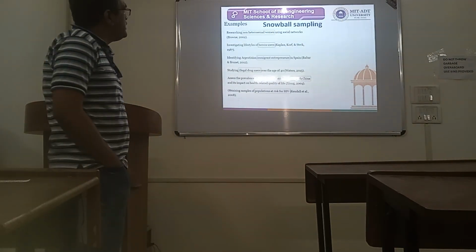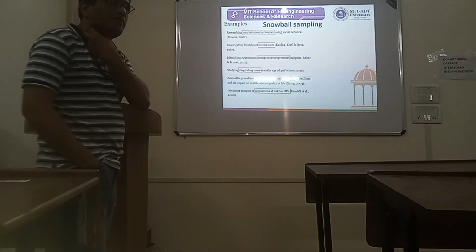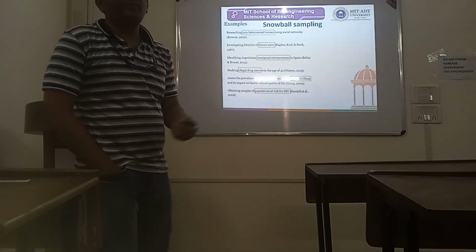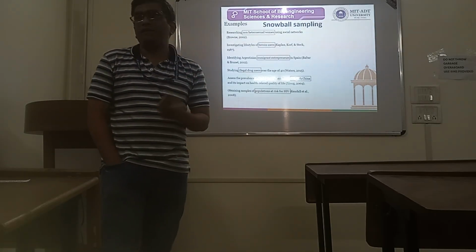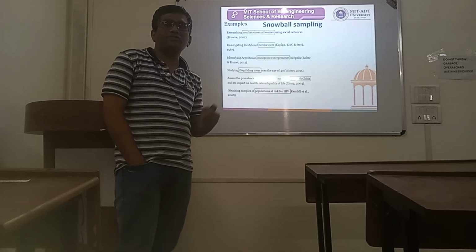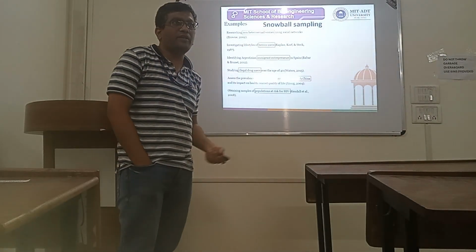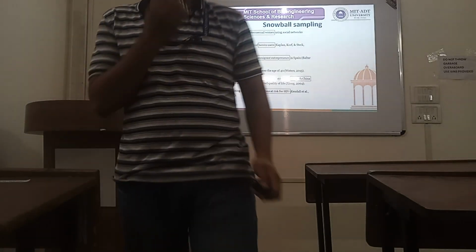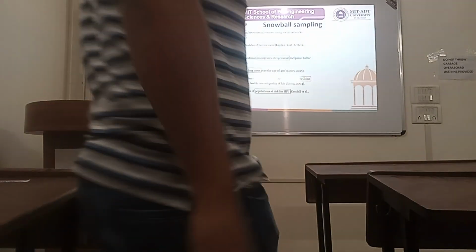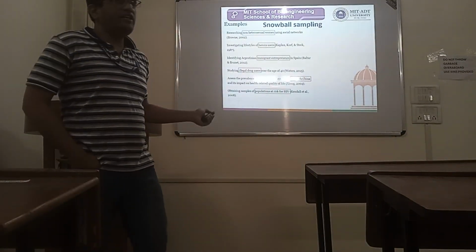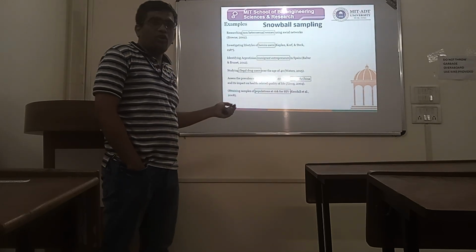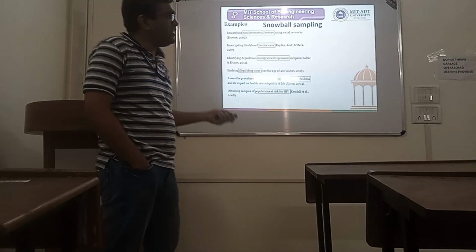It is used in examples where it is very hard to post an advertisement, conduct a survey, or use a questionnaire to recruit the samples or collect the data. What are those topics? Those topics are either socially taboo topics or topics which cannot be discussed openly in society.